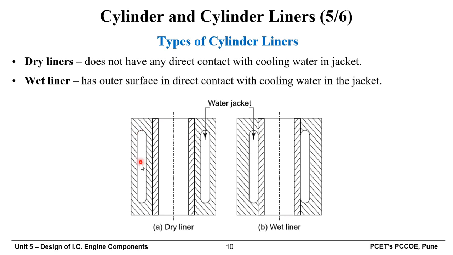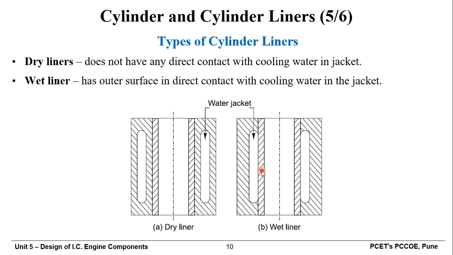There are water jackets in both wet and dry liners, but in the dry liner there is no direct connection of the water jacket with the cylinder liner. You can look at the pointer: this is the cylinder liner, and there is indirect contact with the water jacket. Whereas in the case of a wet liner, there is direct contact between the water jacket and the cylinder liner. So this is the basic difference between the dry liner and wet liner.